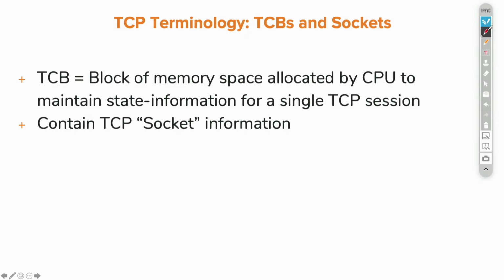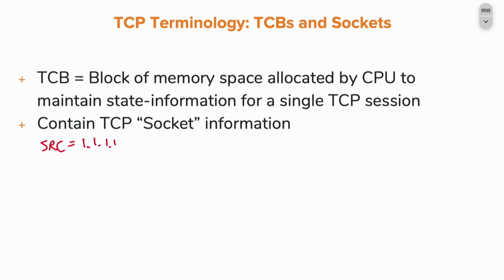Well, if I was to draw it here, just to give you a conceptual idea, let's say that you, the source, are 1.1.1.1, and you just opened up a web browser.